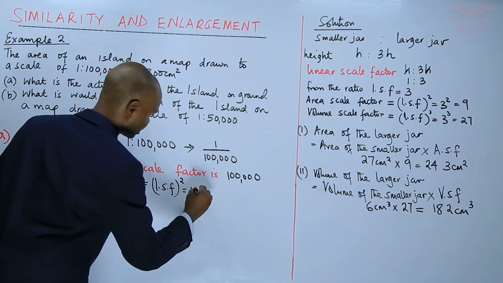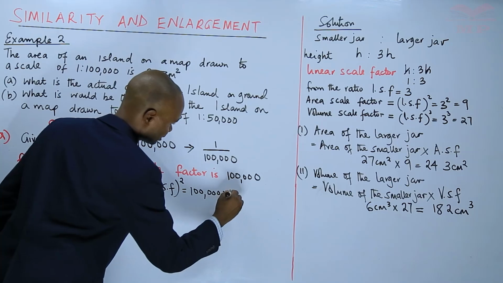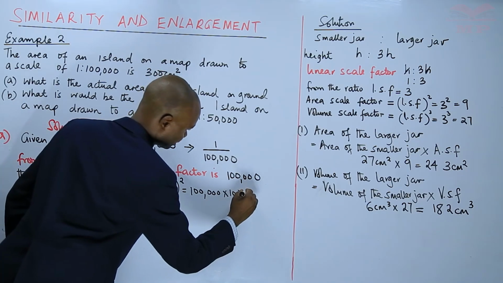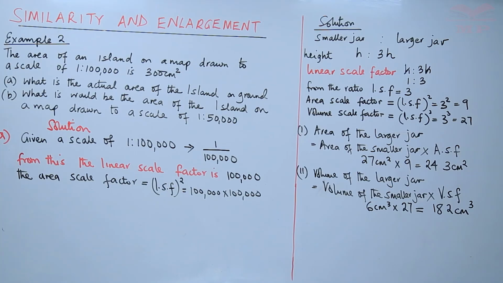So it will be 100,000 times 100,000. Those are centimeters. So we come to the actual area of the island.